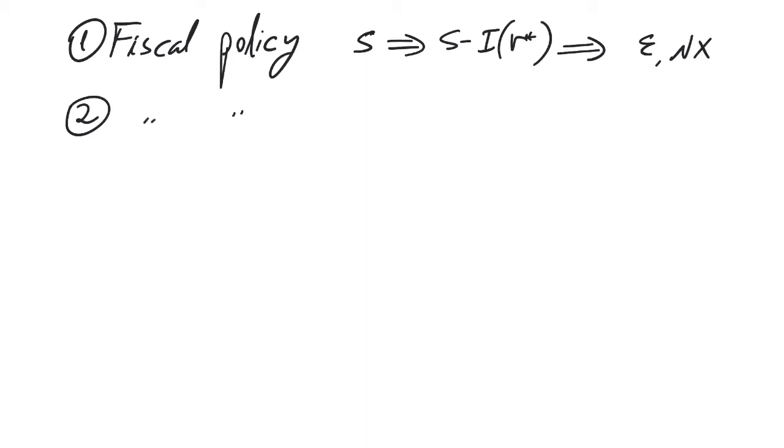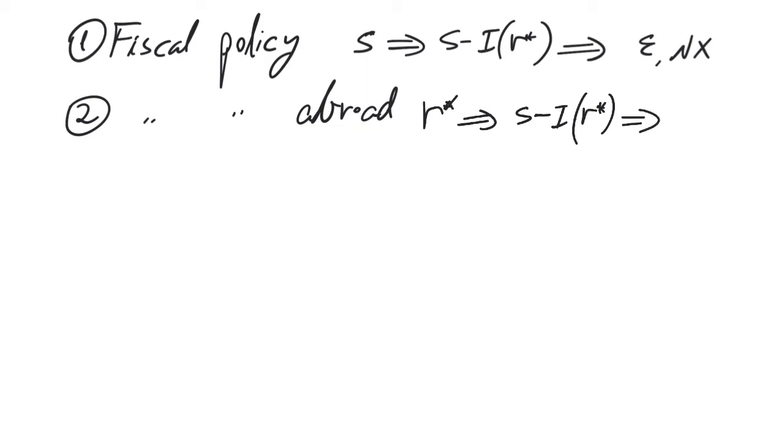And then we have fiscal policy abroad, that will work through R star. It will affect us through R star, then through the S minus I of R star, and that will again give us a combination of real exchange rate and net exports.